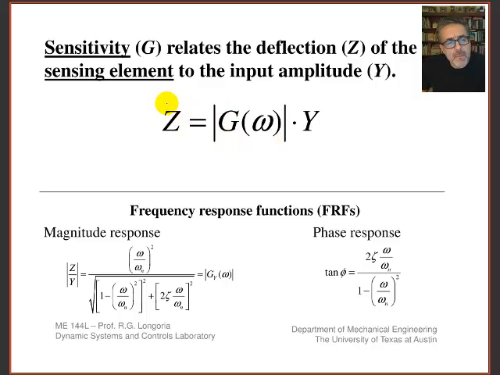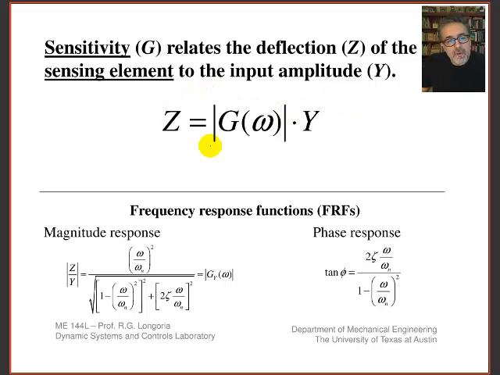But keep in mind that for all of these sensing elements, that deflection is typically a direct measure of eventually the output voltage. So if it was a strain gauge type accelerometer, the deflection of the beam would give you an output voltage. So Z is in a sense a measure of voltage. Even though it's a displacement, it's directly proportional to the output voltage.